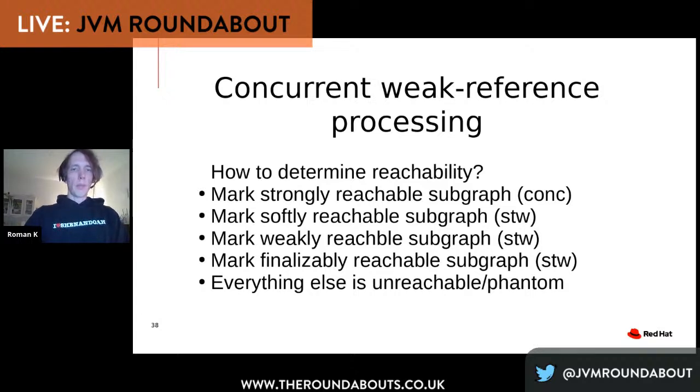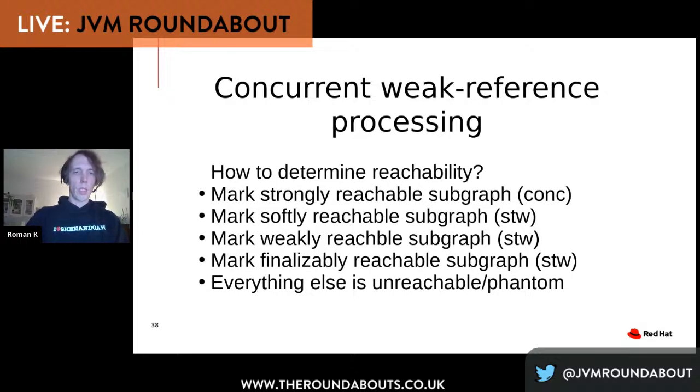But we need to stop as soon as we reach a soft, weak, or phantom reference there. And then, while the world is stopped, we can determine the reachability of those other parts, like look at the weak references and mark through this weakly reachable subgraph and so on.